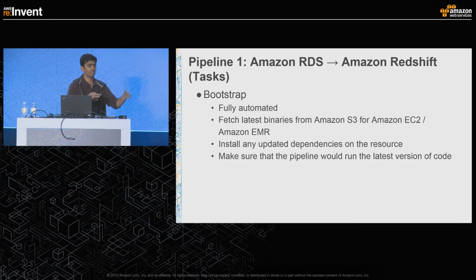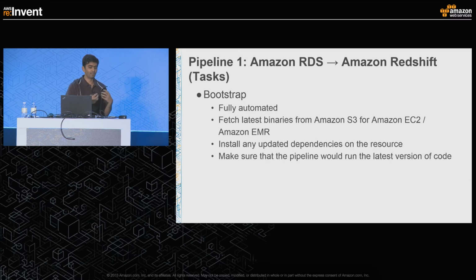Every time you specify a pipeline, it automatically gets the Bootstrap step, where it'll fetch the latest binaries of the code that needs to be executed for that pipeline from S3. So every time you change the code in the library, you push an updated version to S3. And whenever the pipeline runs next, it'll pull the latest version, which enables the dynamic update of pipelines that we talked about.